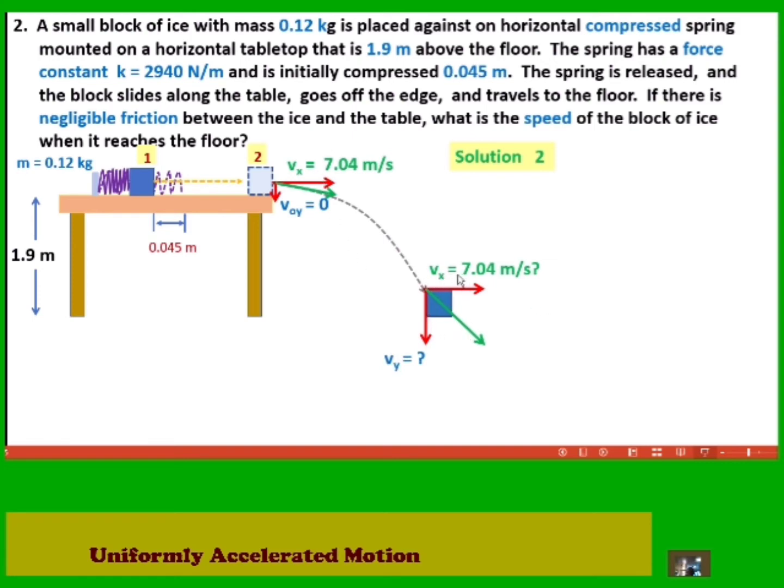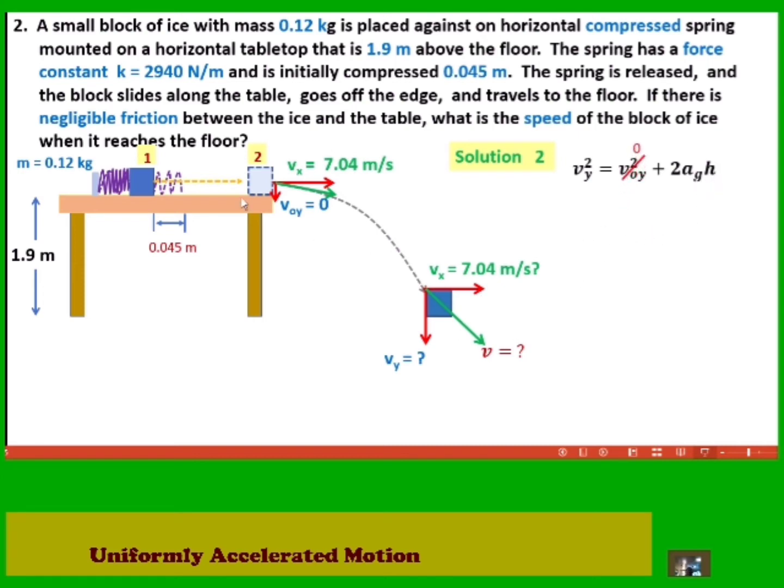Its x component is constant because there is no force along the x direction, only along the y direction, the acceleration due to gravity. So we are going to solve for the final speed at this point. So from uniformly accelerated motion, this equation: v sub y final squared is equal to v sub y initial squared plus 2 times acceleration due to gravity times the height.